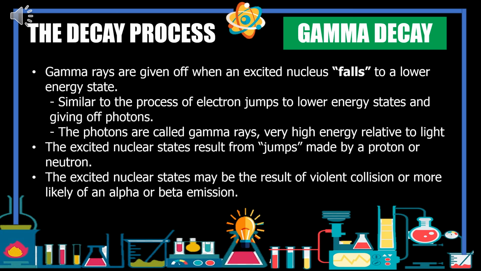When it rearranges into a lower energy state, it shoots out a high energy photon known as a gamma ray, which has very high energy relative to the electron, or to the energy of visible light. A nucleus may reach an excited state as a result of a violent collision with another particle. It's more common, however, for a nucleus to be in an excited state as a result of alpha or beta decay.